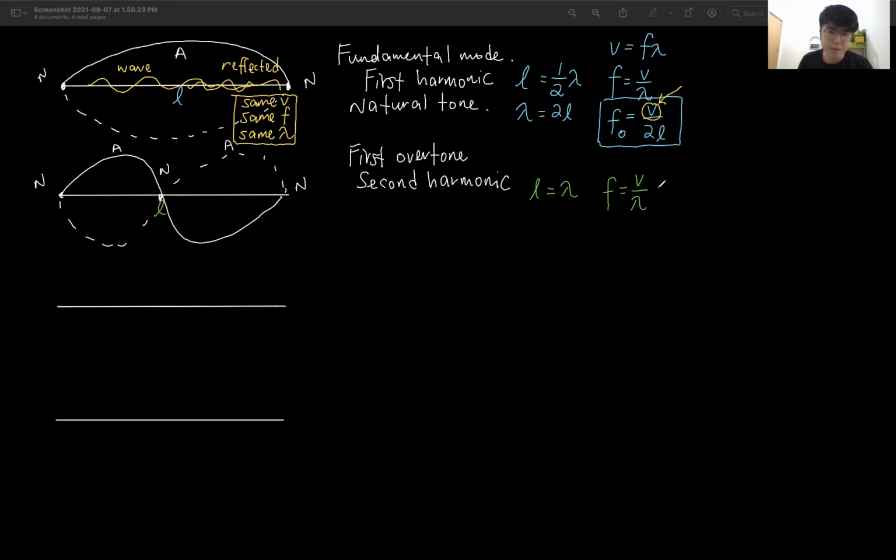So frequency equals to V over L. Now I can make this F equals to 2V over 2L. Let's put this aside first. Okay, it's the same thing.